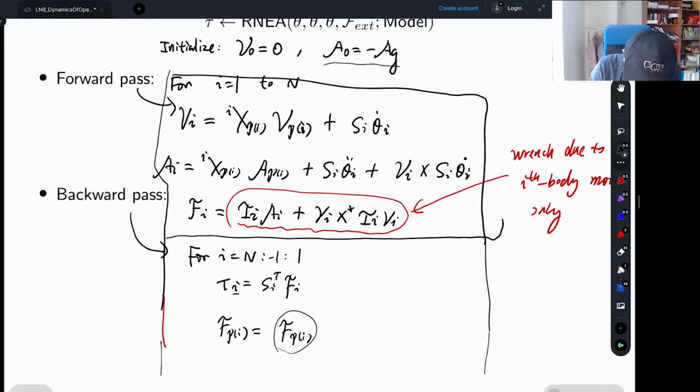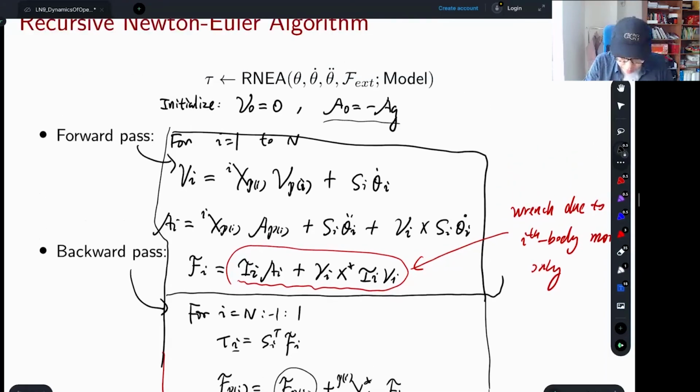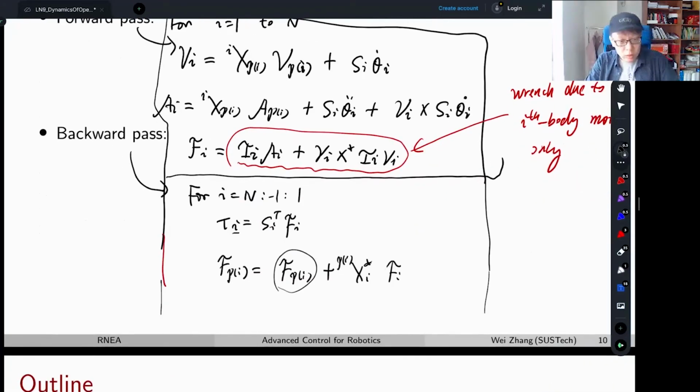Before this line of code, the parent i's force contributes only to the motion without anything else. Now, because i's torque is determined, I add X_i star parent i, which changes the coordinates of F_i. F_i is in i's frame, but now I need to correct my parent's force, so I need to change to that local frame, and the change of coordinates for force is X_i parent i star.